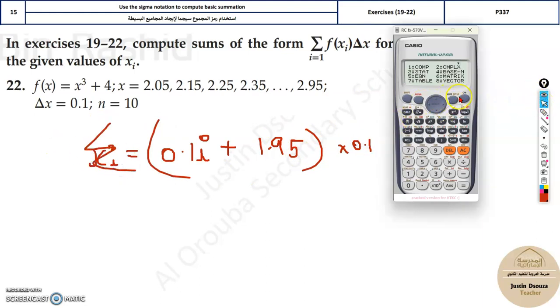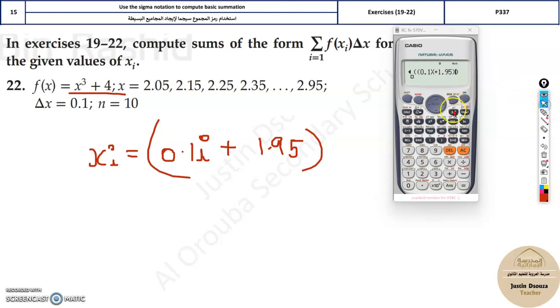Now we do the same thing. Shift, and over here, open the bracket, 0.1 i as alpha x plus 1.95, close the bracket. Sorry, I have not written this properly. Let me make this clear. See, xi is this value. You need to substitute in this equation.